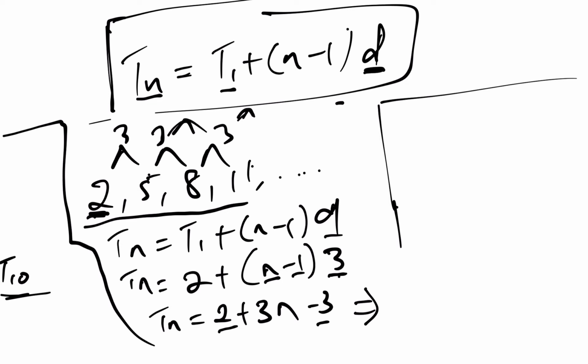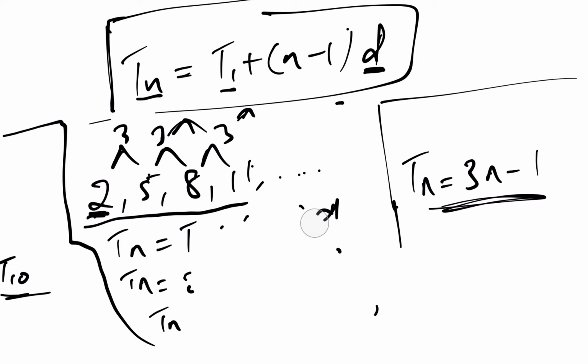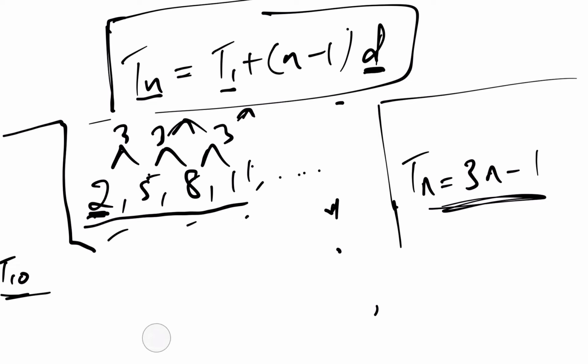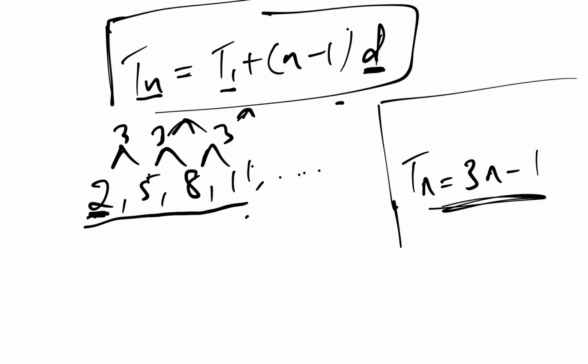So another thing to note here. Let me write the formula here. We said Tn is equal to 3n minus 1. That's our general formula. After finding the formula, to verify if you calculated correctly, this is what you can do.